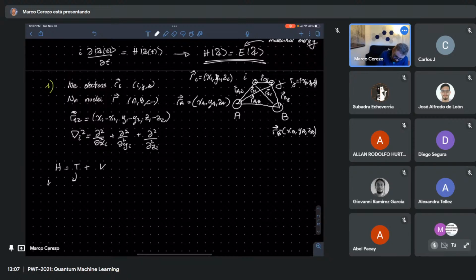T is going to be the kinetic energy of the particles. V is going to be the potential energy of particle pairs, how each pair of constituents are interacting.